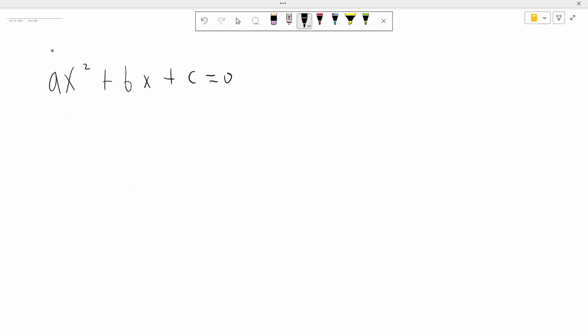This is called the quadratic term. This is called the linear term. And this is called the constant term.